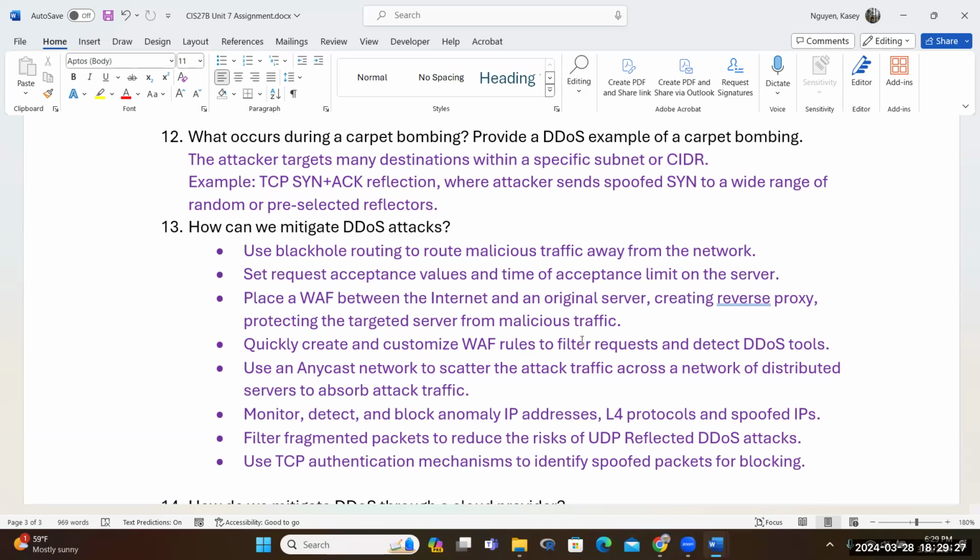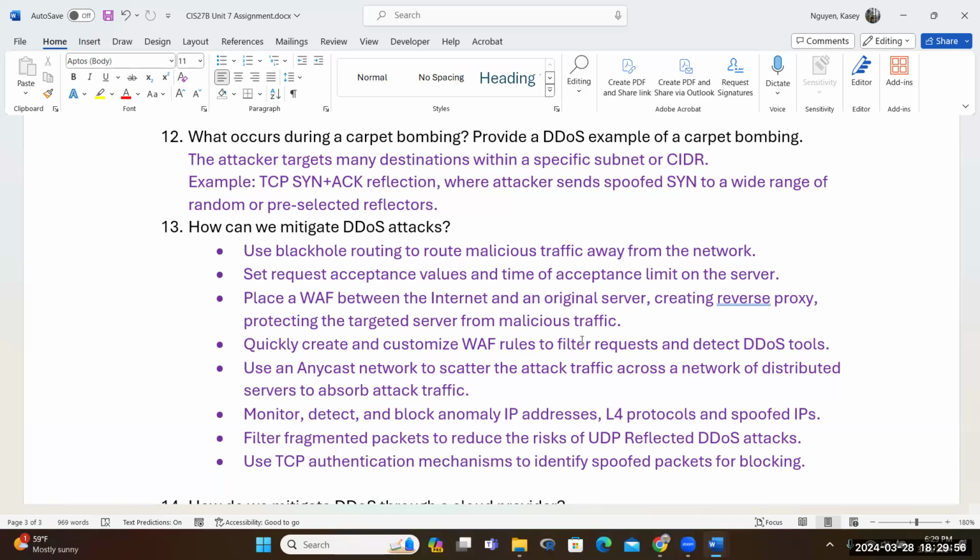Monitor, detect, and block anomalous IP addresses, also layer 4 protocols and spoofed IP addresses. So set your firewall rules to block certain IP addresses, a range of IP addresses, or a certain type of protocols, which are in layer 4.